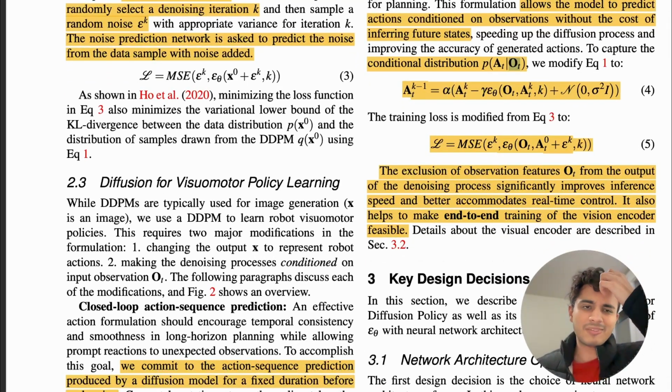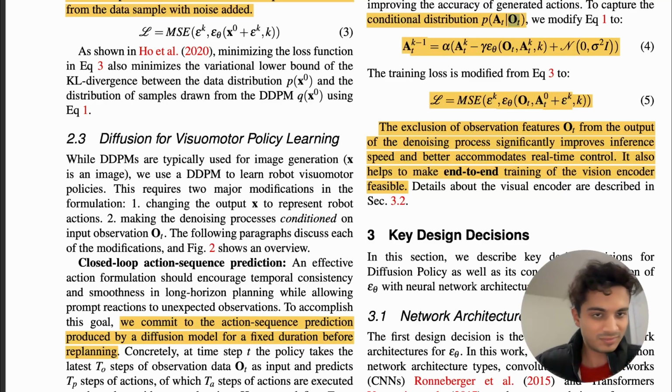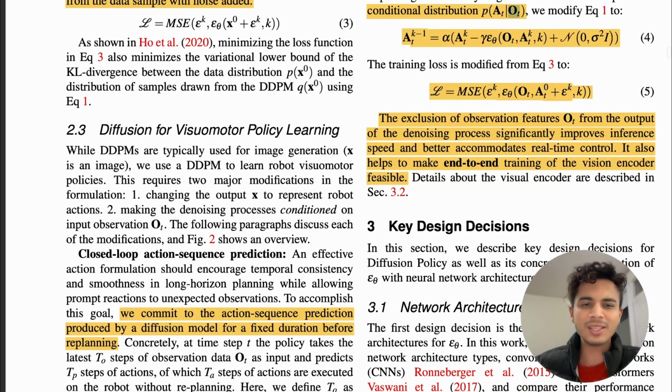So I know it's a little confusing, but if you are into reinforcement learning and you have already read plenty of papers, and in fact, I think we already discussed this thing that if we are given an observation, this is how we predict an action, or this is how we find the conditional distribution, a conditional probability distribution of an action, something like that. We have already discussed that in the previous videos. You can check that out. But yeah, this is what we do in reinforcement learning, and especially in action prediction.